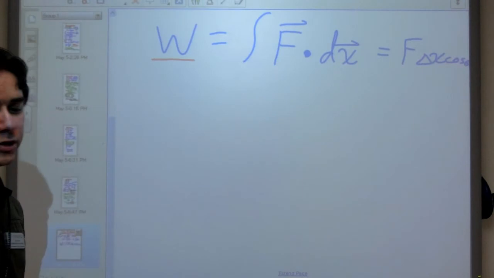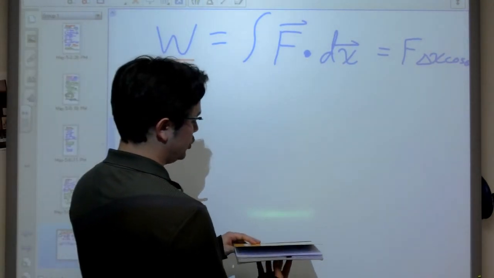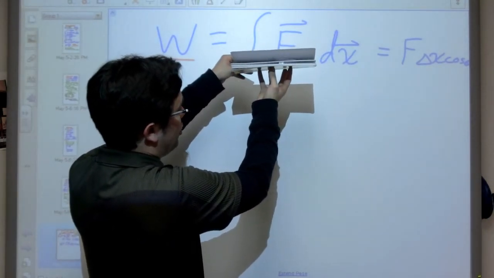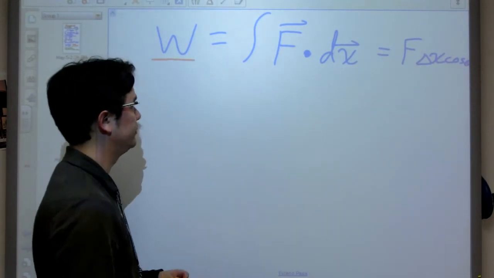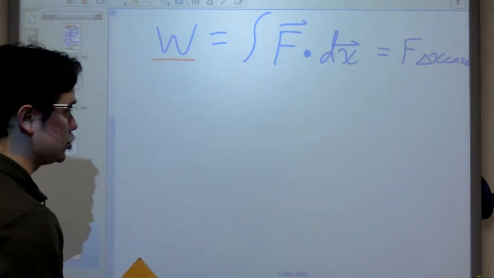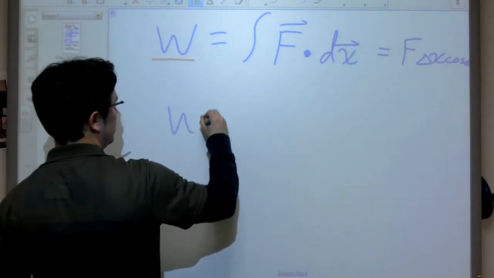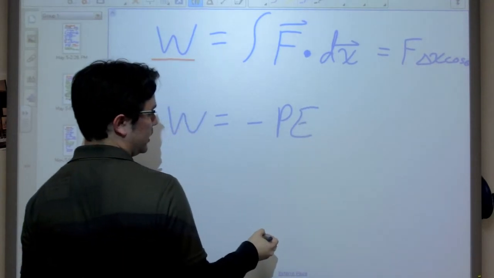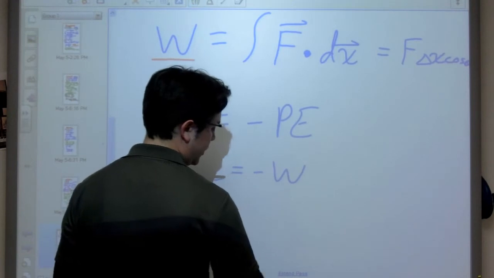When we first introduced the work-energy theorem, I told you that when I do work on this, I lift this guy up, and it doesn't end up with a whole bunch of kinetic energy because gravity totally stole my work. This brings up an important relationship that isn't gotten across as well as it should be. Work is nothing more than negative potential energy. Or phrased differently, potential energy is nothing more than negative work.